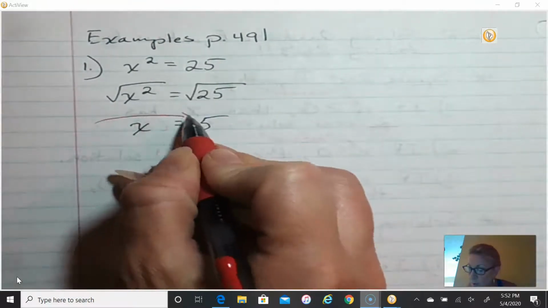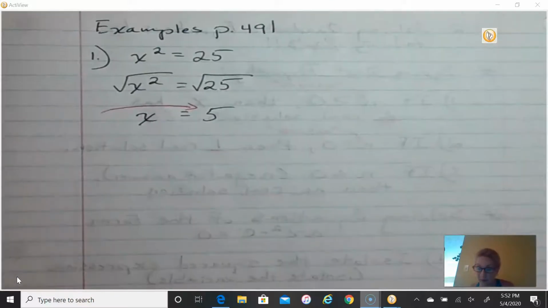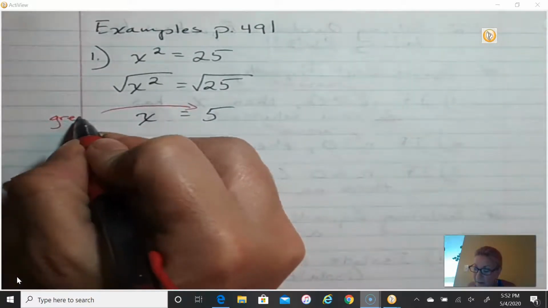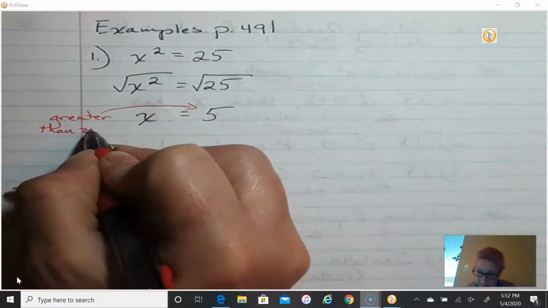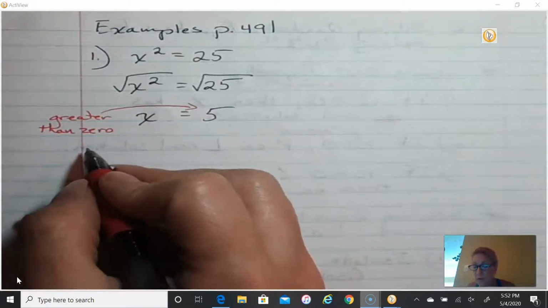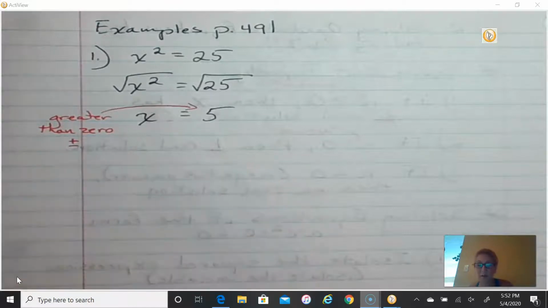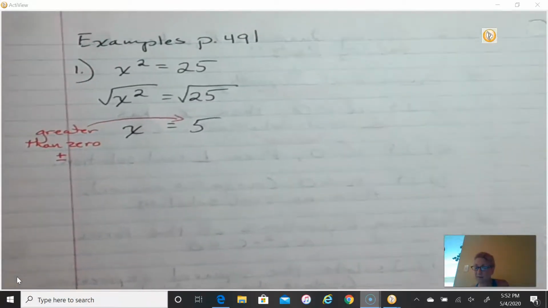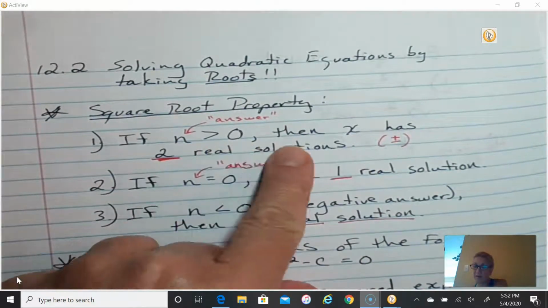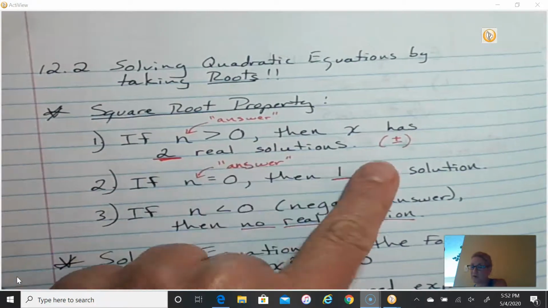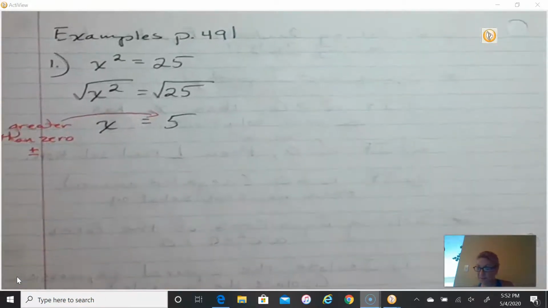So I'm going to put a little arrow because then you can have this to look back on in your notes. It's greater than 0. Therefore, it's going to be plus and minus. Remember that right there. If the answer is greater than 0, it has 2 real solutions, and you use the plus and minus. Because, guys, look here.